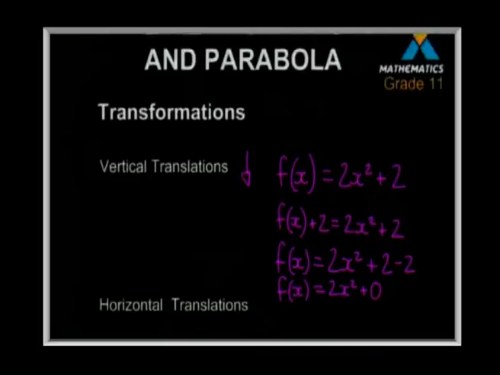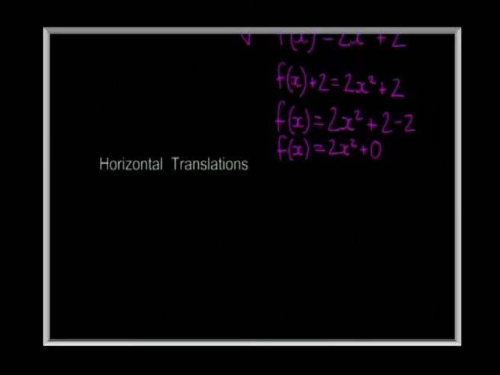Now if we're going to translate horizontally, that's from left to right, we're going to have to change the values that x are. You must be careful when you're changing the x values and the y values, because it does look very similar. If you look over here, you'll see that if we want to change the same function by moving it across, let's move it across by 2.